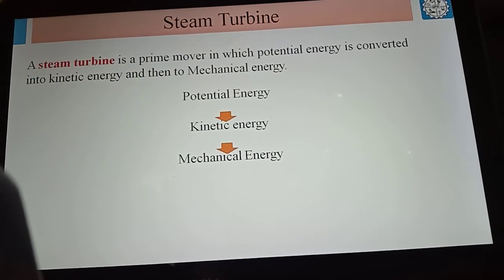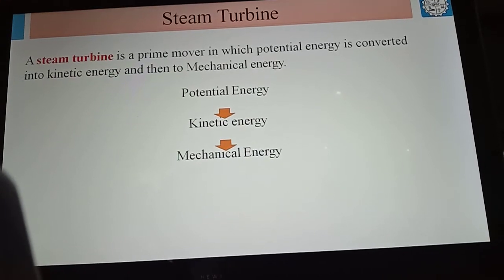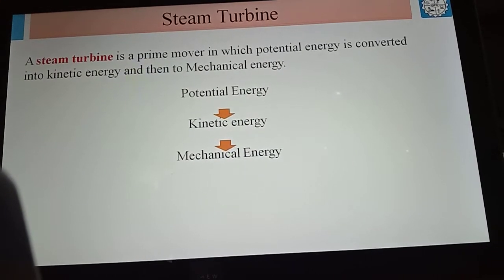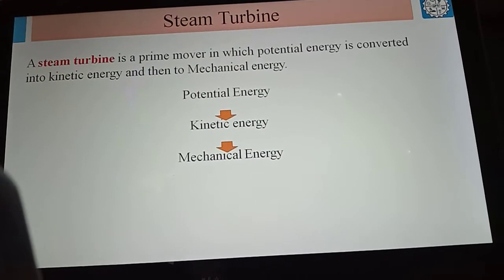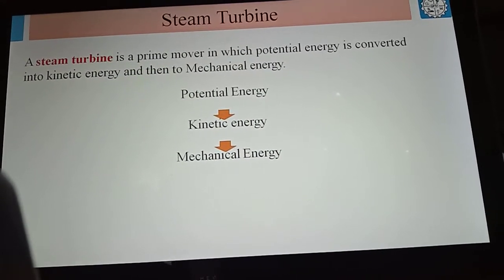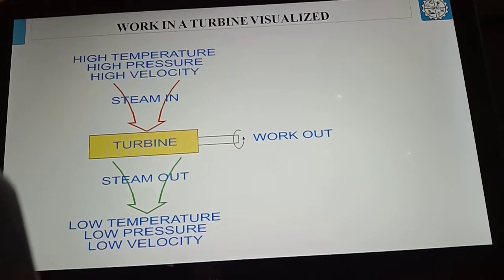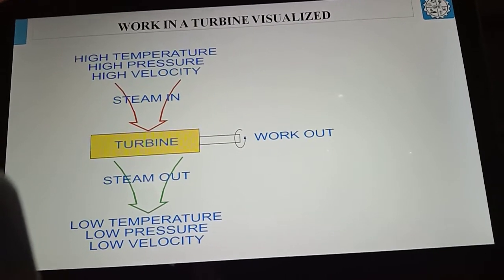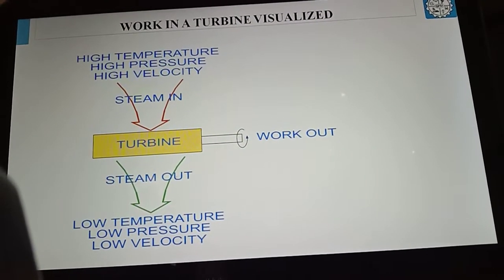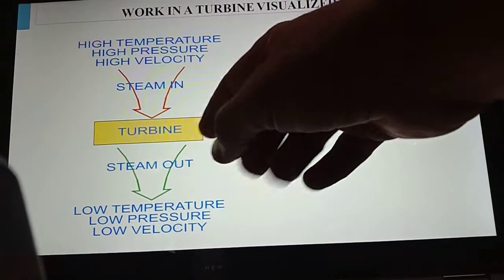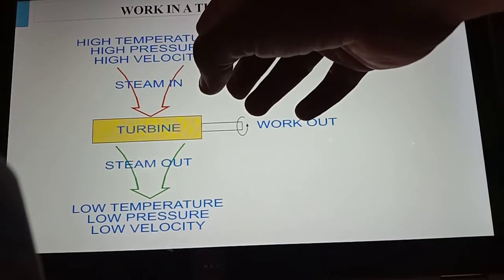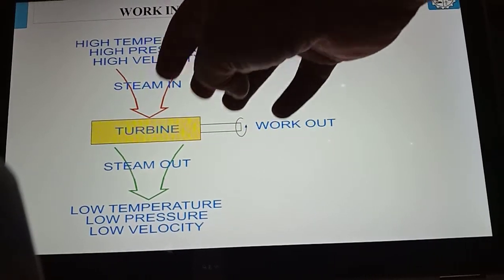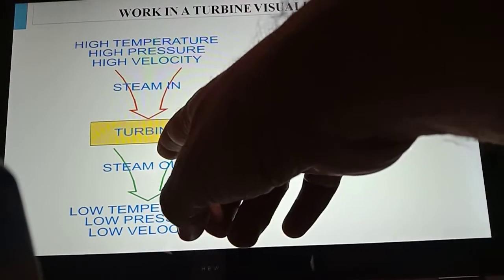A steam turbine is a prime mover in which potential energy is converted into kinetic energy and then to mechanical energy. Just visualize from this side, high temperature, high pressure, high velocity steam goes into the turbine.